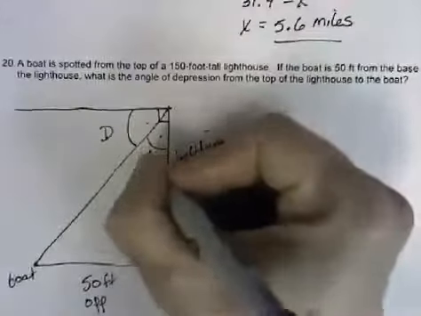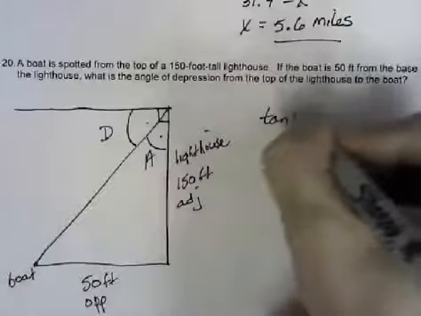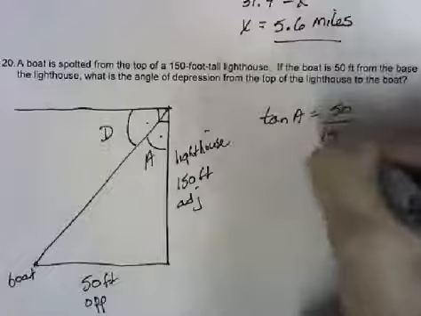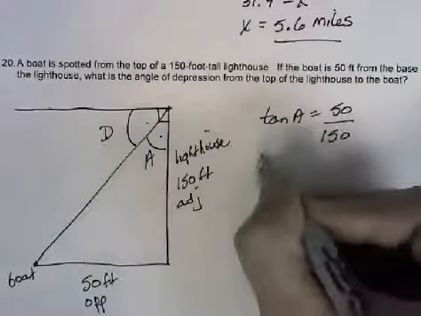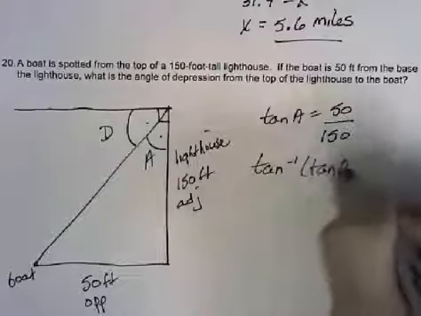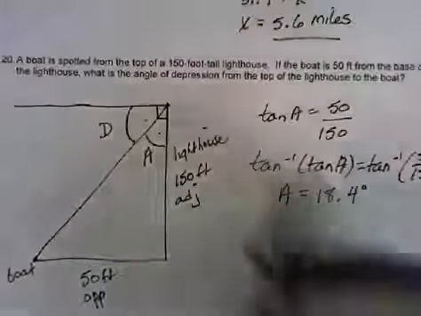So I'm just going to call this angle A. So that means the tangent of A would equal 50 over 150. I'm trying to find the A, so I would do the inverse tangent on each side. Plugging that in my calculator, 18.4 degrees for A.